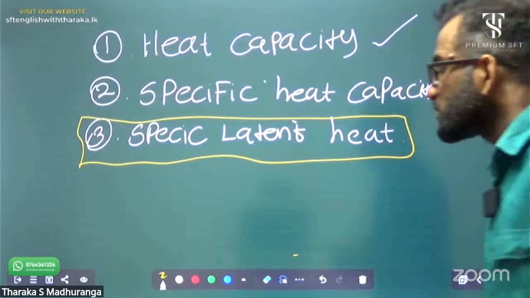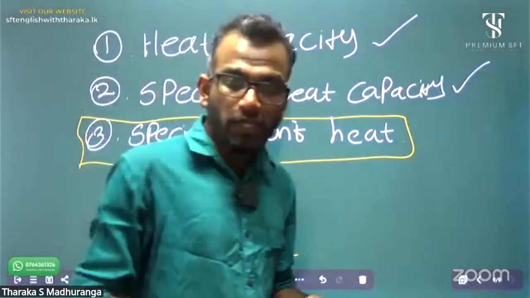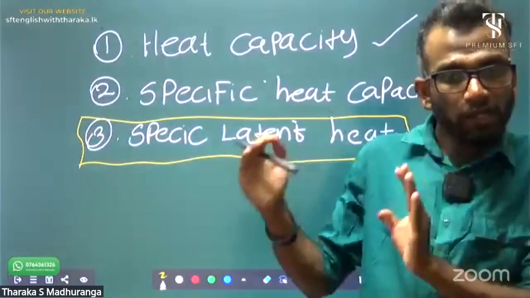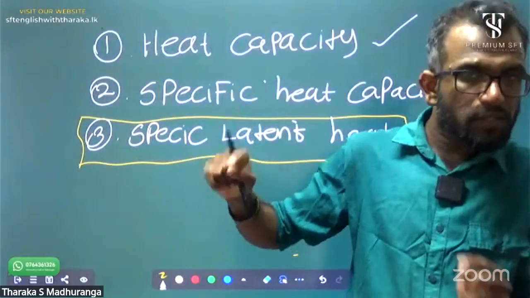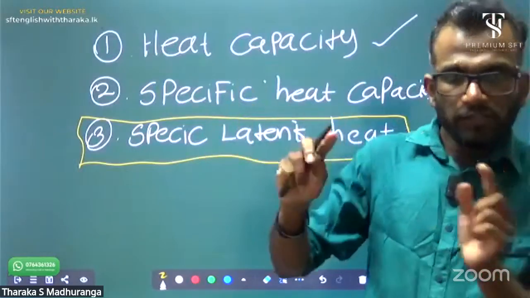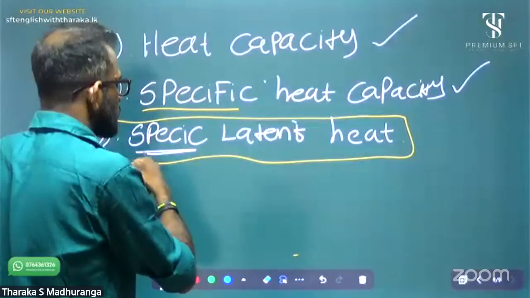The specific heat capacity means the amount of heat required to increase the temperature by 1 degree of unit mass. In heat capacity, the entire object. In specific heat capacity, specific means unit.